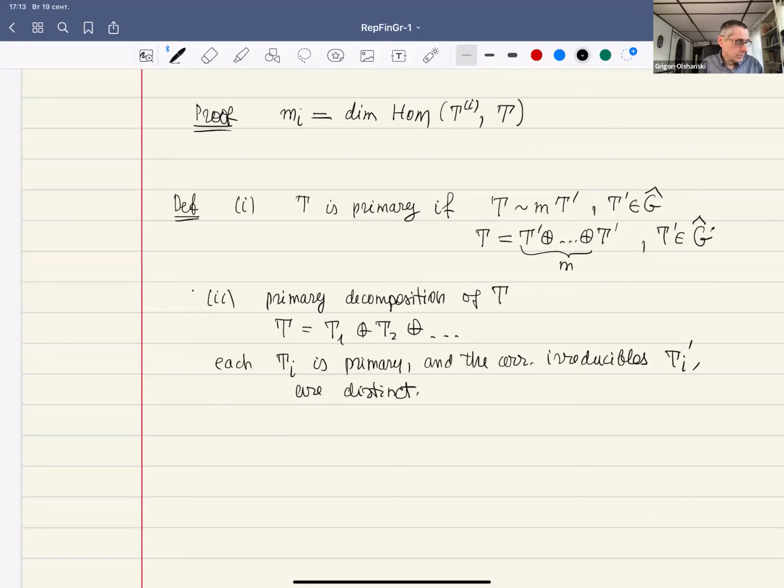So this is the definition. And we know that a primary decomposition always exists.